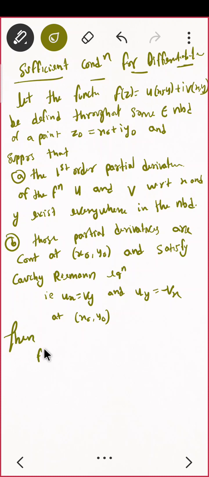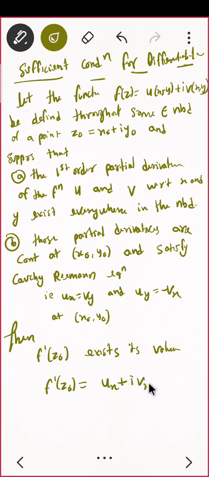Then f dash of z naught exists and its value f dash of z naught is equal to ux plus i vx, where the right hand side is evaluated at x naught, y naught. Since I am taking z naught, you should understand that.